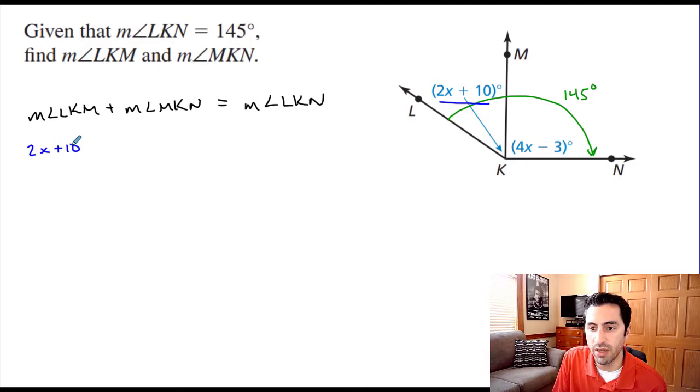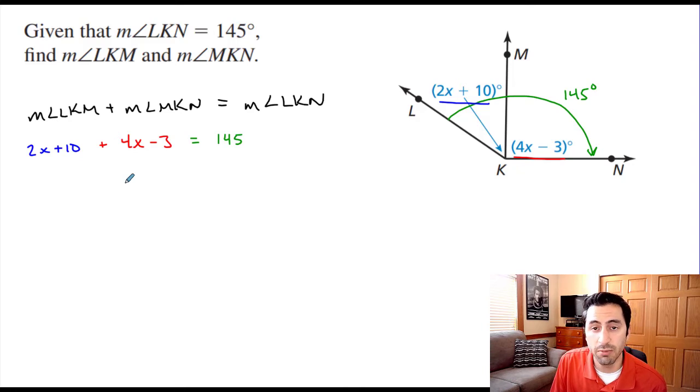So I can substitute that in for this first part. Over here on the right, this angle is represented by 4x minus 3. So substituting that in, plus 4x minus 3, altogether, that should be equal to the entire angle, which we were given is 145. So the angle addition postulate allows us to set up this equation. And now we can solve for x.